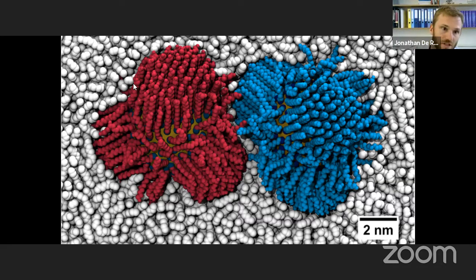And that creates regions on a nanocrystal where there are a lot of ligands, and regions where there are not a lot of ligands, like here. And then nanocrystals can find each other and can lock in place. It's a bit like DNA with a major groove and a minor groove. So here you have, in these ligand shells, some grooves.